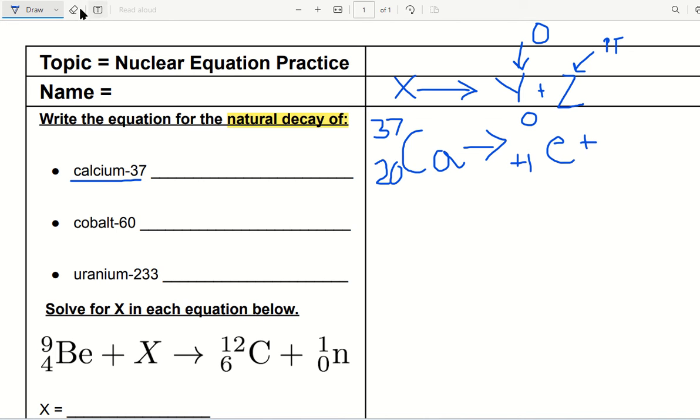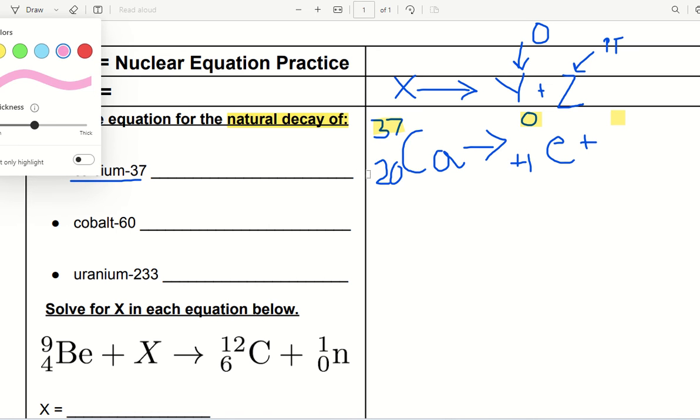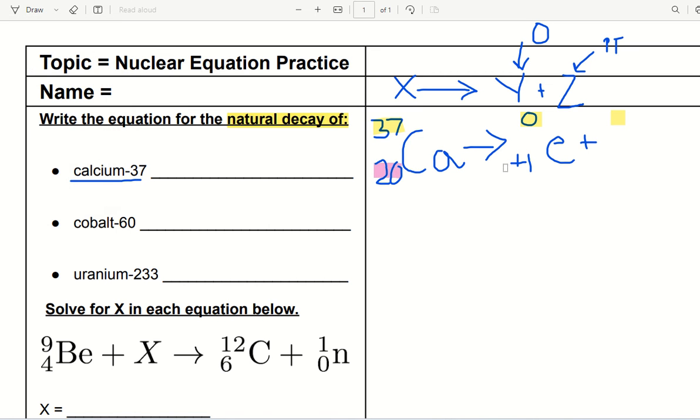Now the mystery. So I'm going to set up an equation. The reason why is I have a number on the top, a number on the top. I'm going to find the missing number on the top, okay? I also have a number on the bottom, a number on the bottom. I'm going to find the missing number on the bottom, all right? So I'm going to set up an equation. I'm just going to write this over here.